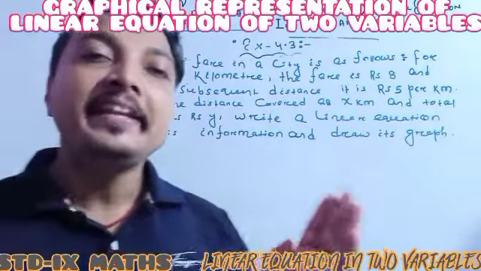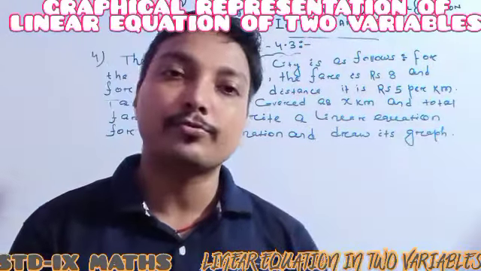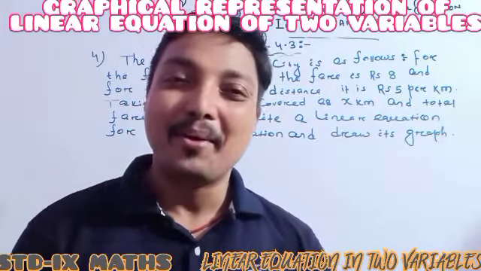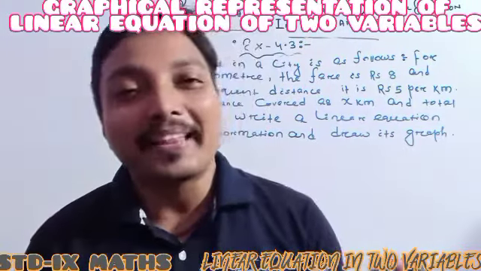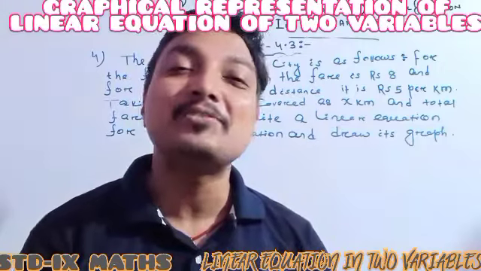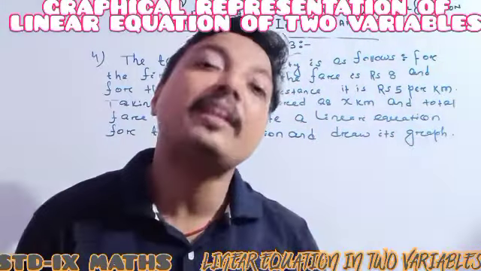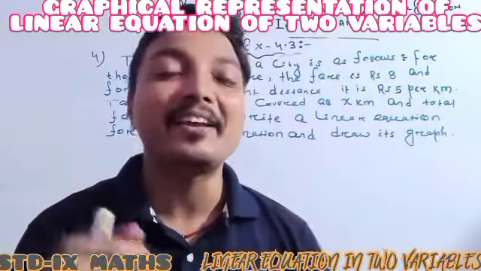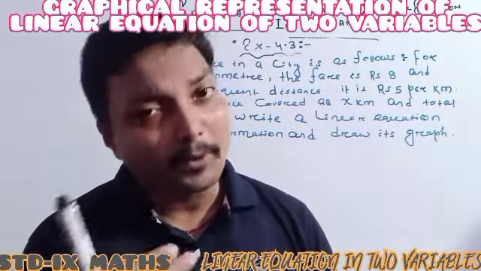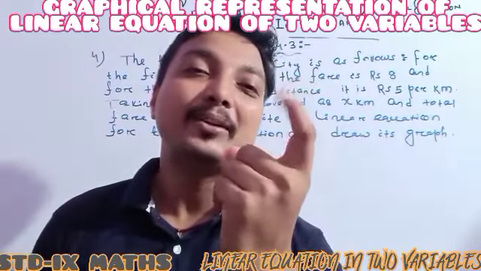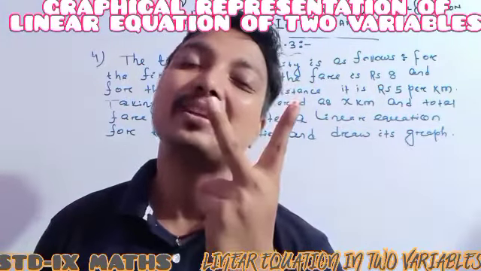Previously the linear equation of 2 variables was given and you had to draw the graphical representation, but this question is altogether different because a practical situation is given. From that situation you have to formulate the linear equation in 2 variables. Then after the linear equation in 2 variables, you have to do its graphical representation.